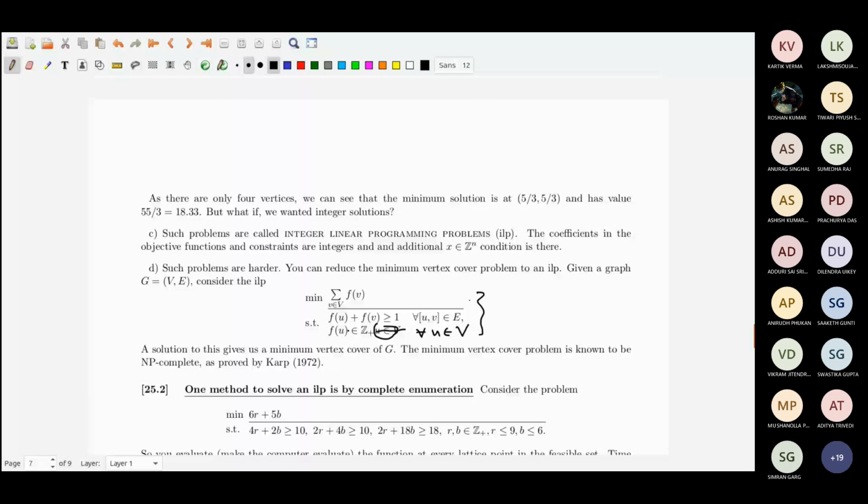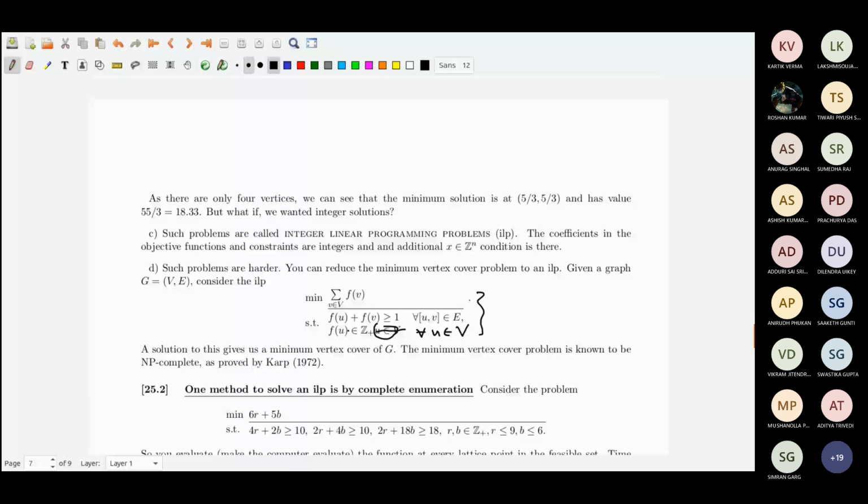Condition: you have to minimize the sum of the numbers that you have written. So you just do not write it arbitrarily 50, 50, 50 everywhere. Do not do that.